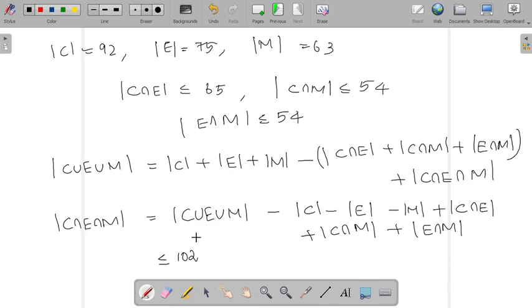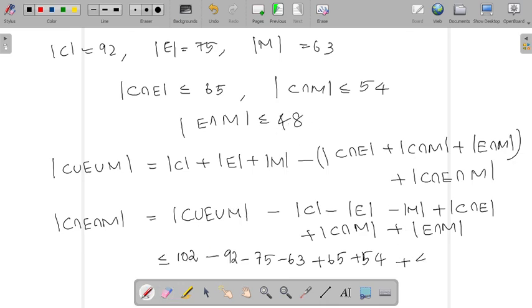So this will be less than or equal to 102 minus 92 minus 75 minus 63, then plus 65 plus 54, and the last one is 48.